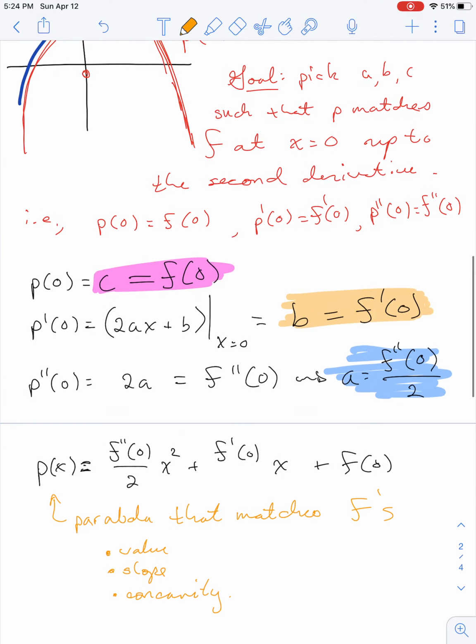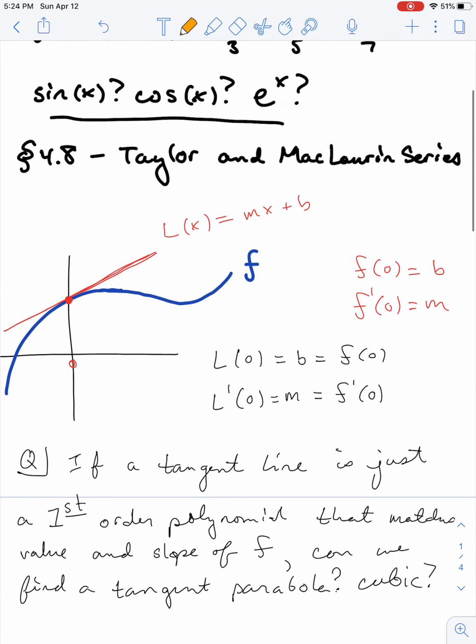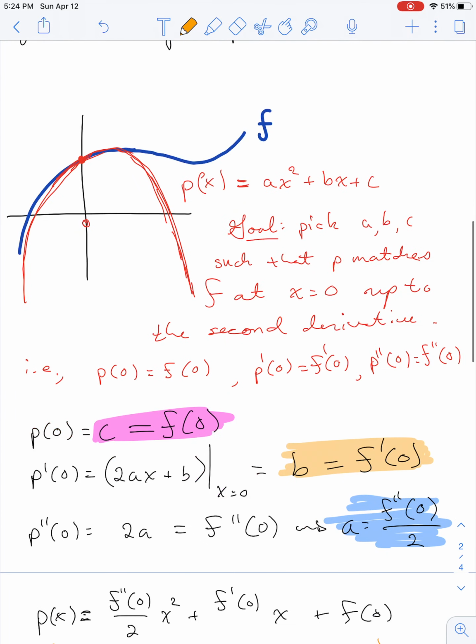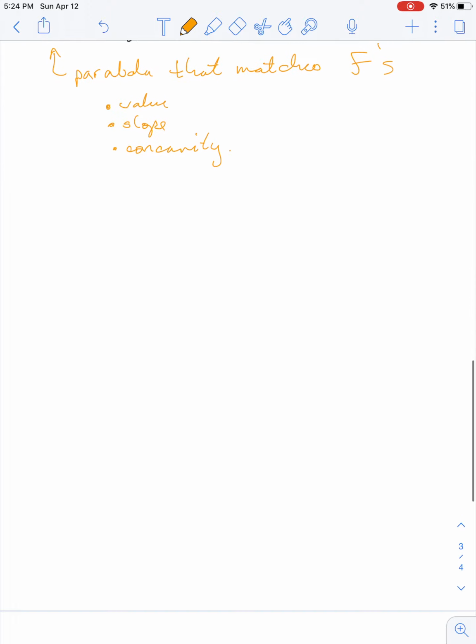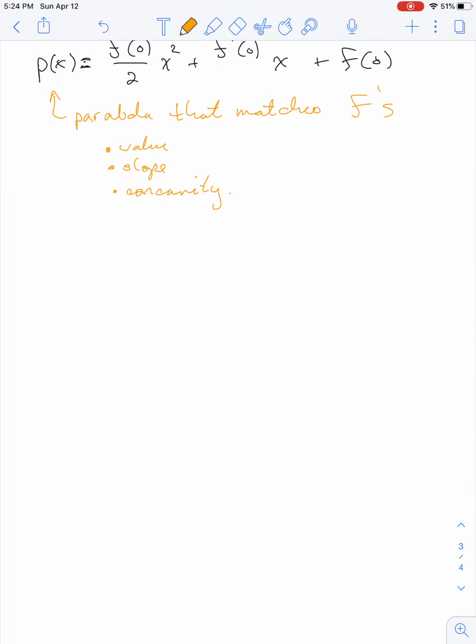Now we could keep going. What I hope is obvious is if we can create a tangent line and we can create a tangent parabola, then we can create a tangent polynomial of any degree we want.